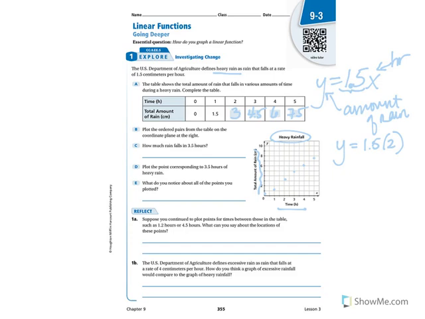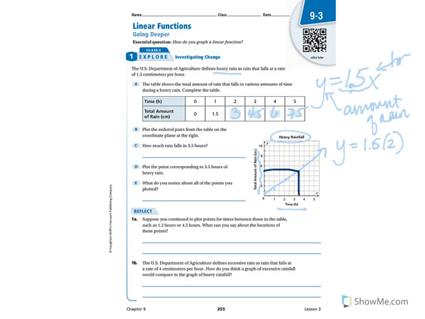All right, so the question part C says here, how much rainfall falls in 3.5 hours? Now, what we can also do is draw our equation of the line here, and we can go to our graph. Now, mine's off just a little bit because I'm doing the iPad here, but you can go to 3.5 on your graph, come up, and then go over to figure out your amount.